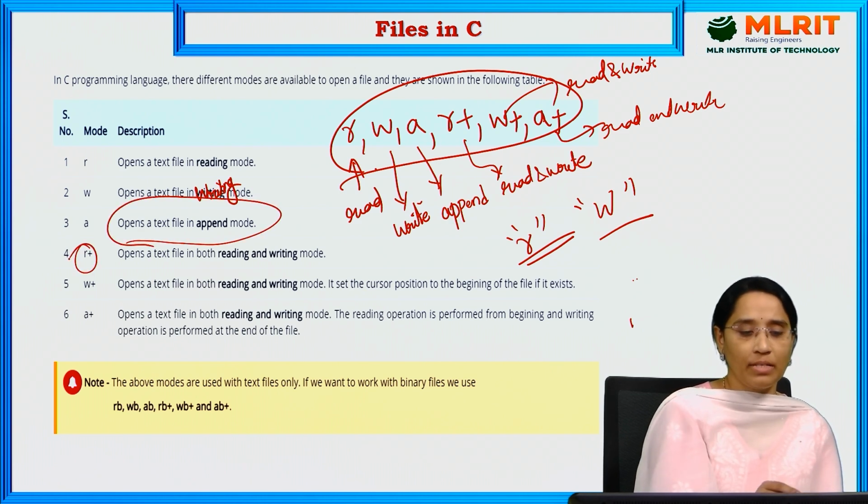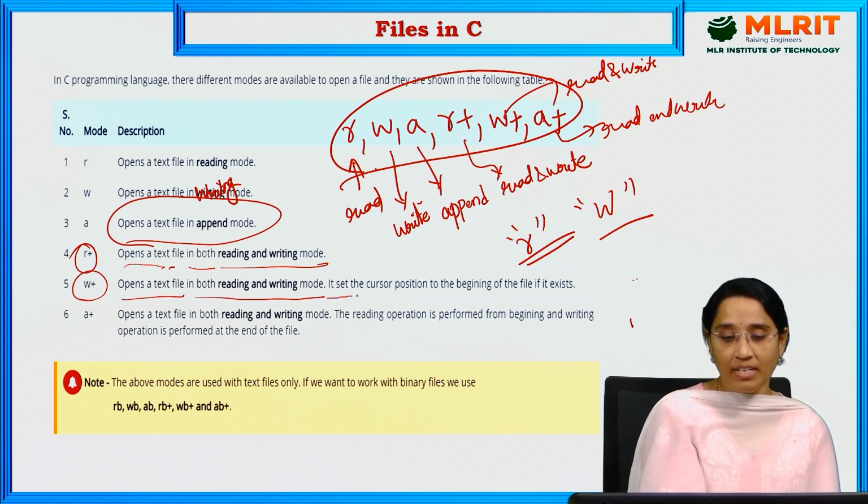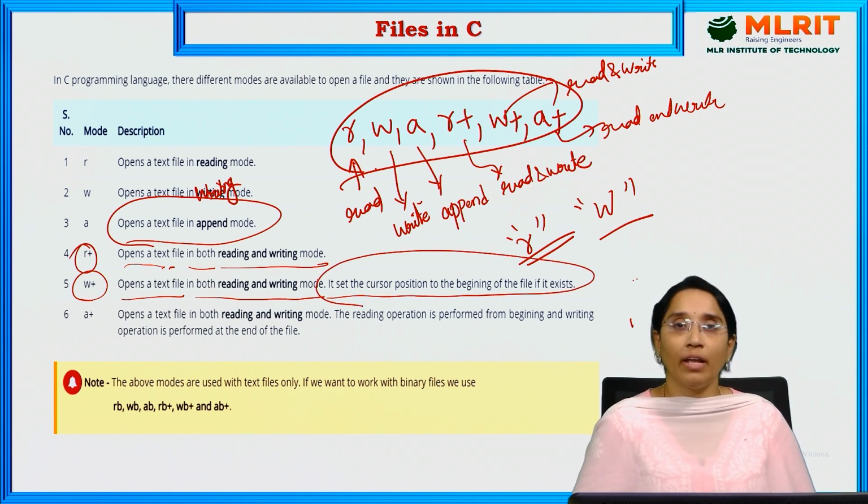Next, R plus opens the text file in both reading and writing mode. W plus opens the text file in both reading and writing mode. It sets the cursor position to the beginning of the file if it exists.